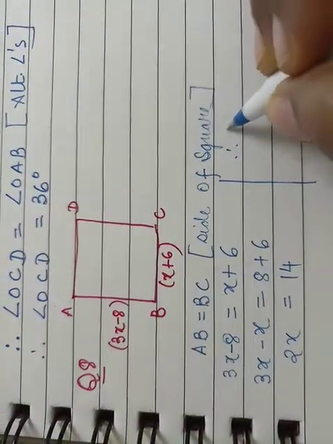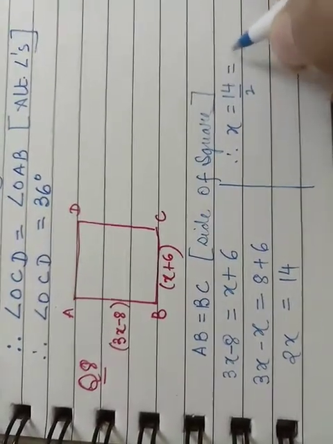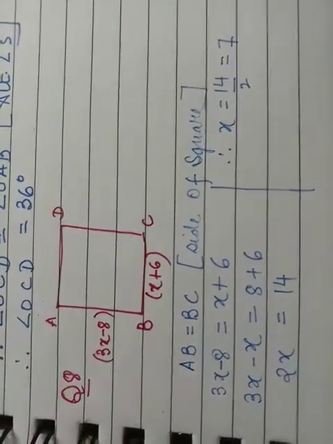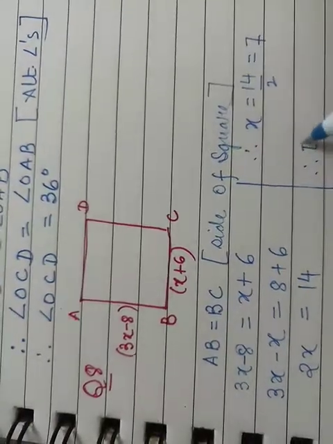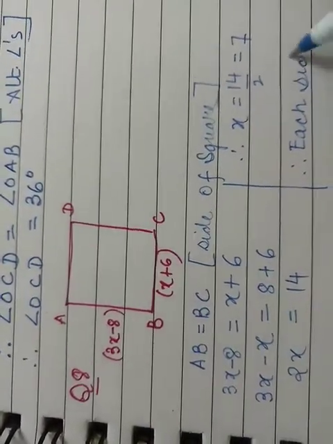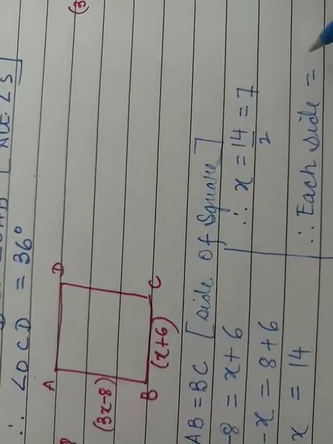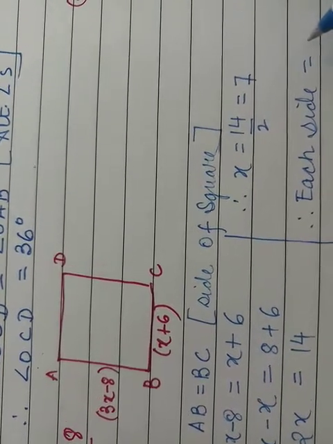Therefore, x is equal to 14 by 2, that is 7. Now we got the value of x. Now we are looking for the length of each side. Each side is either 3x minus 8 or x plus 6.